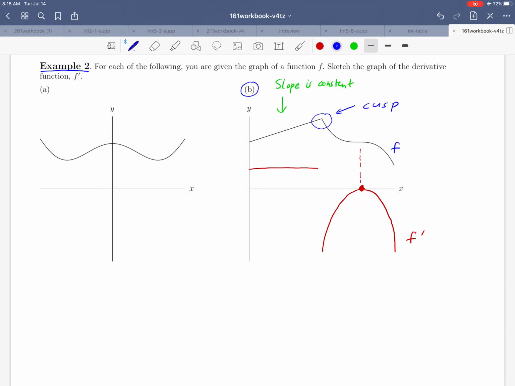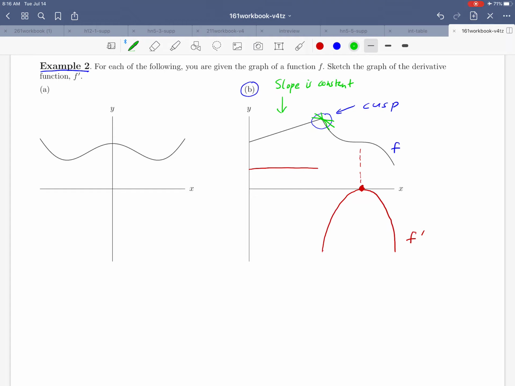Can we draw a tangent line at that point? Well, if you think about it, because of the sudden transition in slope, there isn't a unique way to draw a tangent line. We could draw it like this, or like that, or like that. So there's not just one slope at that point.